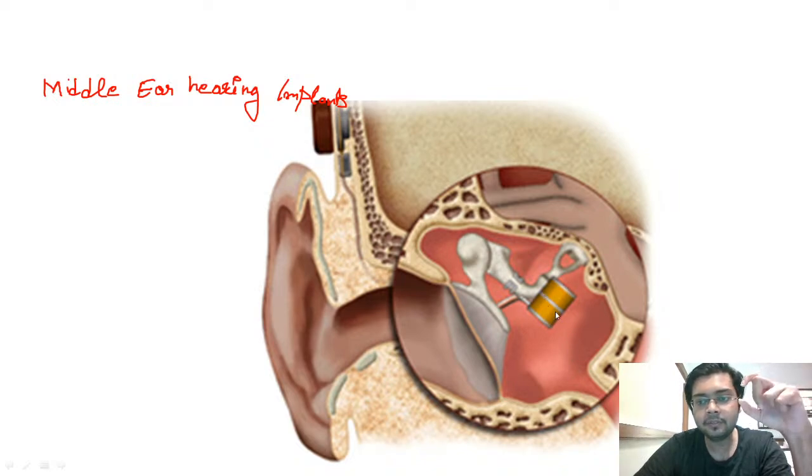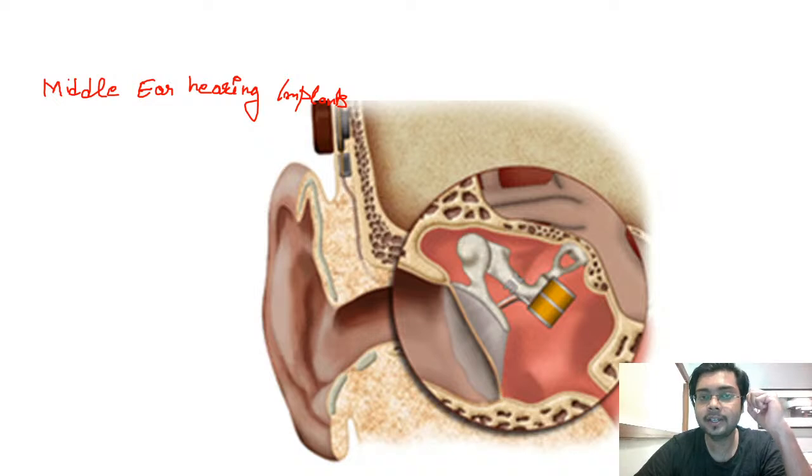In the magnetic field it has coils, so it vibrates in the magnetic field which is created when the sound strikes the external device, and the vibration causes increased vibration through the ossicles, resulting in more intensity of sound reaching the inner ear, and that is why it is functioning as a hearing aid.